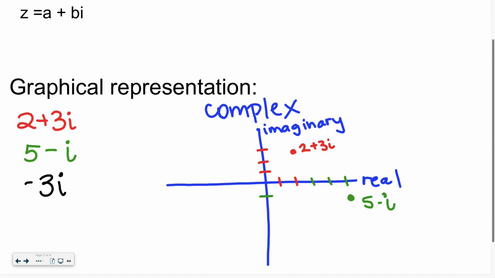Where would I graph the number negative 3i? On the imaginary axis, you just go down 3.